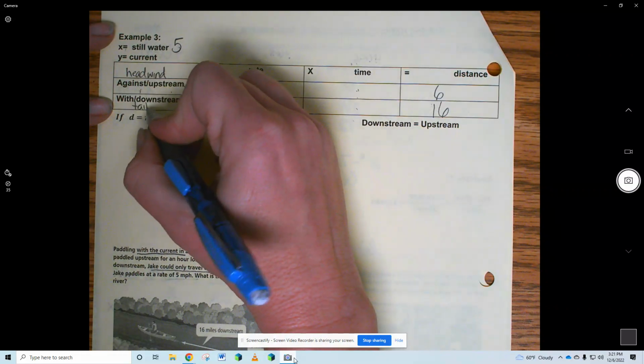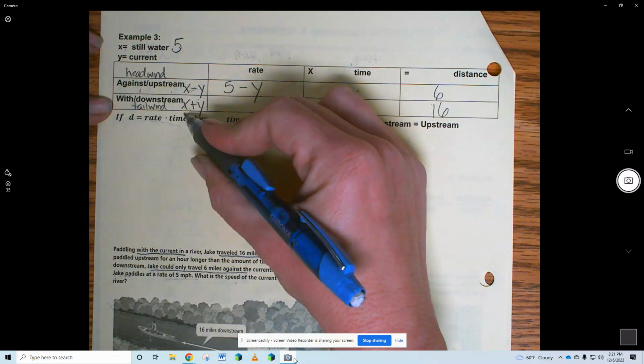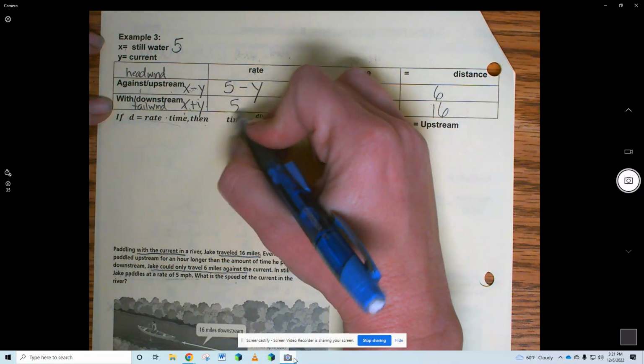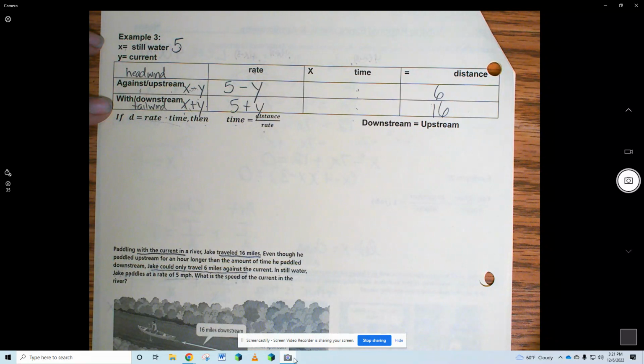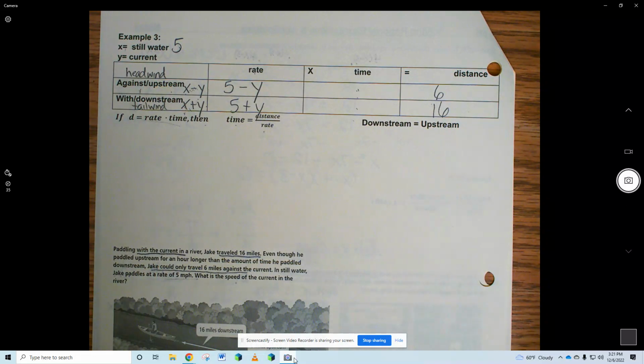With downstream, which I also called a tailwind, it's going to be x plus y. But instead of x, let's put 5 plus y. It didn't say anything about time at all, which means I'm going to solve for the time.